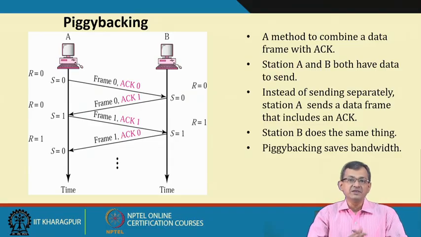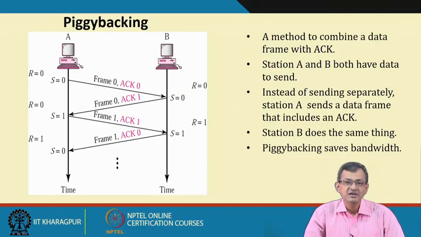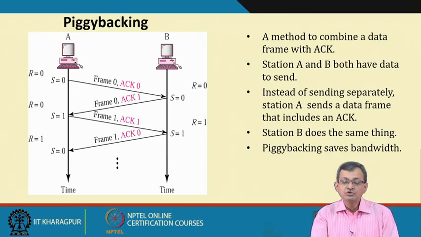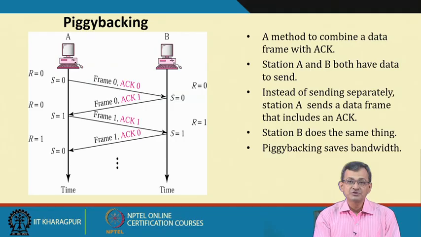There is a concept of piggybacking, right. Sending data and acknowledgement separately eats away space. Where we have two-sided communication, like stations A and B both having data to send, there is a method to combine the data frame with the acknowledgement: the data frame itself carries the acknowledgement. So the acknowledgement frame piggybacks on the data frame.